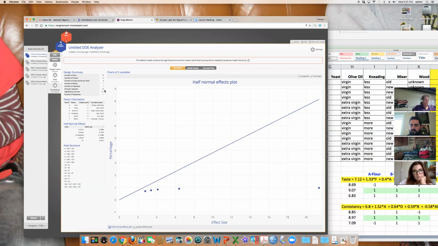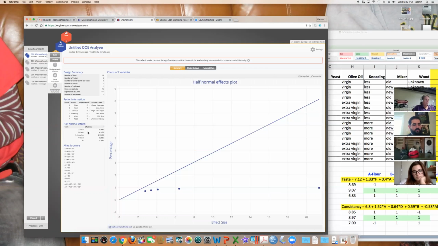Looking down, we've got a data summary: number of runs, factors, etc. The factor information: what the letters are on the factors, and then the name of the factors and the coded levels. So a -1 stands for cheap, and a 1 stands for expensive on flour, if you will.